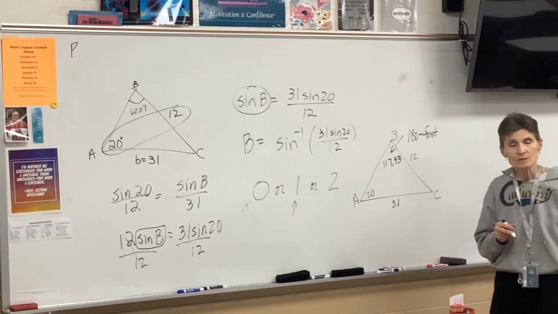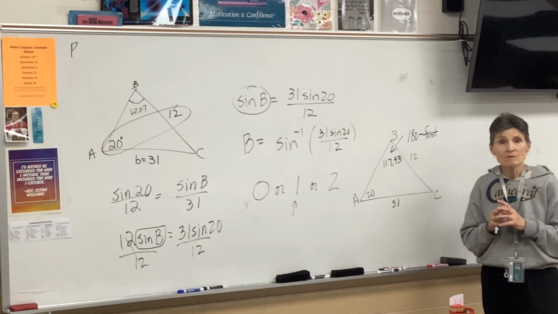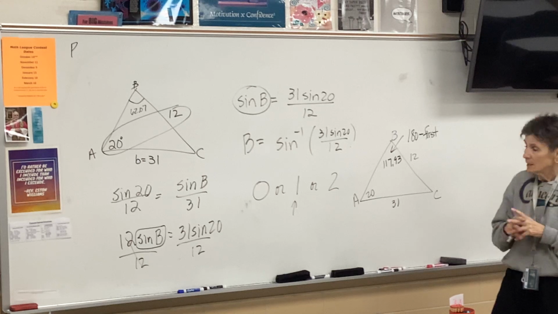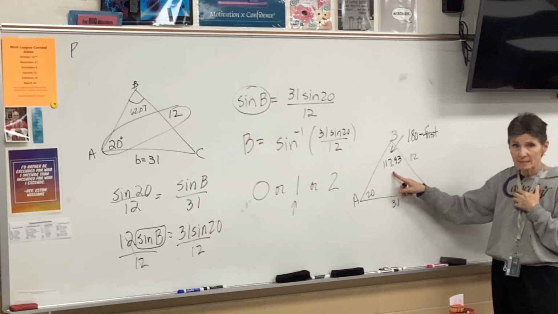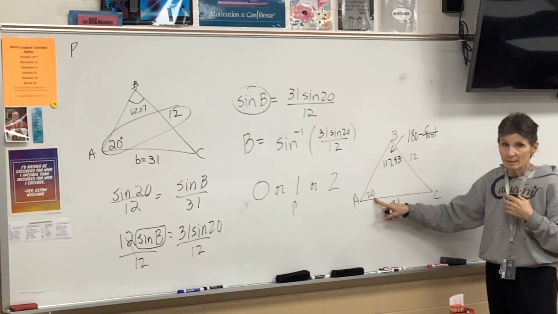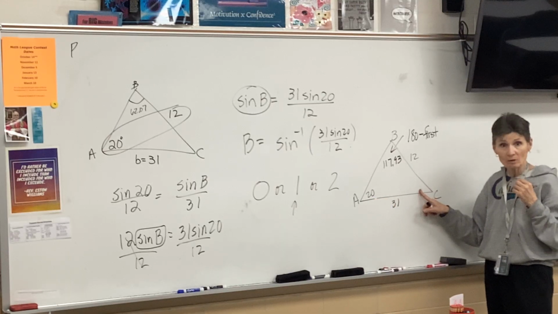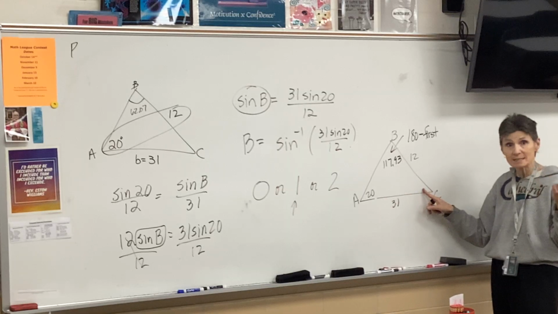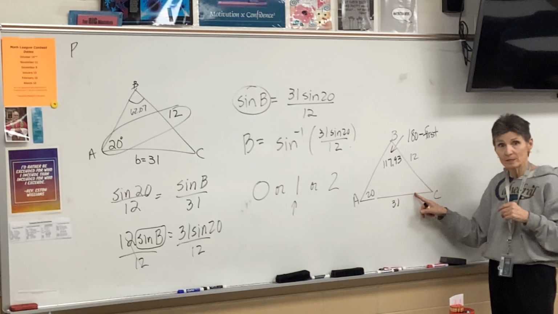How do you know it works? Well, remember, the angles of a triangle have to add up to 180. If one of them is 117 and one of them is 20, is there room for a third angle? Yeah, because this only makes 137, so you would have enough degrees left over to have an angle over here.